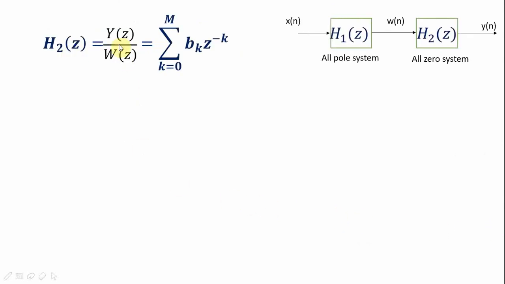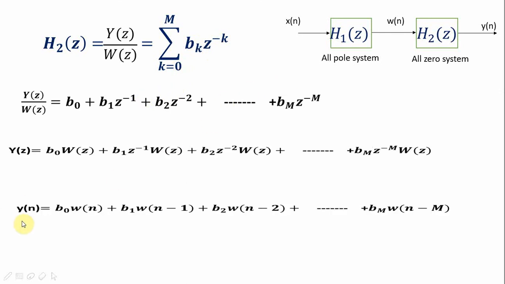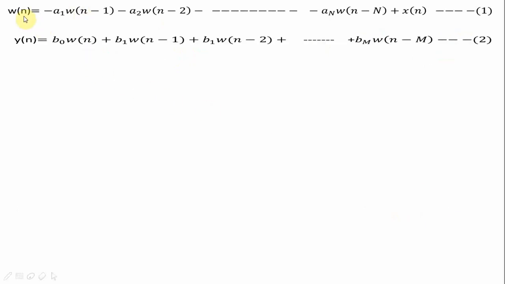And H2 of z is Y of z by W of z, which is all zeros like this. Again, expand the summation, cross multiply and solve for y of n, the output of the second subsystem, which is b0 w of n plus b1 w of n minus 1, etc., bM w of n minus M. So we have the two output equations: the output of the first subsystem, which is w of n, and the output of the second subsystem, which is y of n.